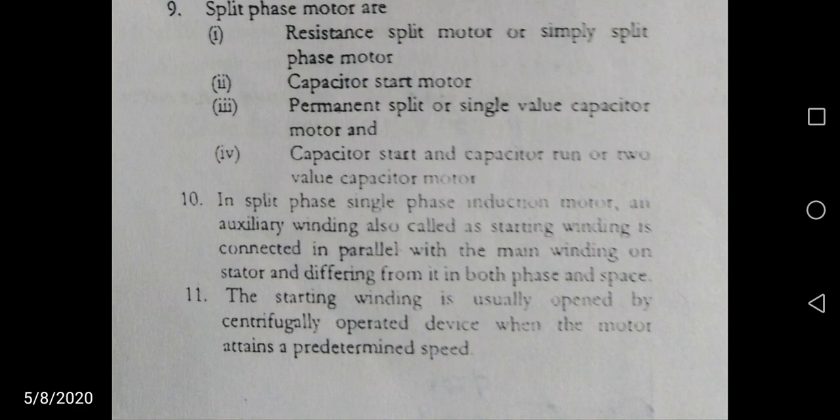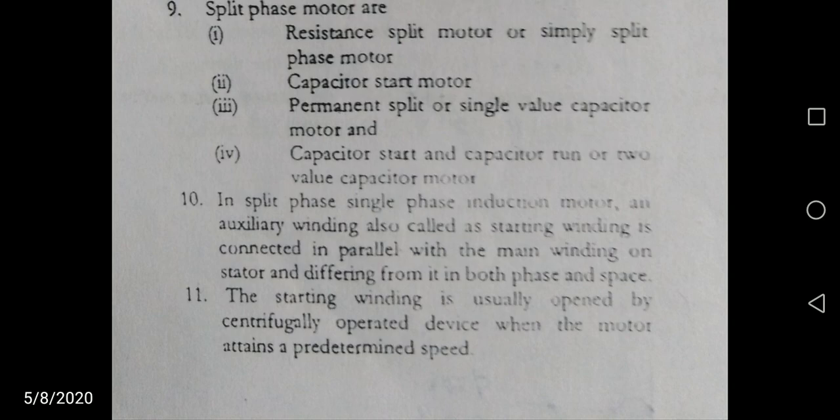In a split phase single phase induction motor, an auxiliary winding is also called a starting winding. It is connected in parallel with the main winding on the stator and differs from it in both phase and space. So the phase and space are different, with 90 degrees between the auxiliary winding and main winding.